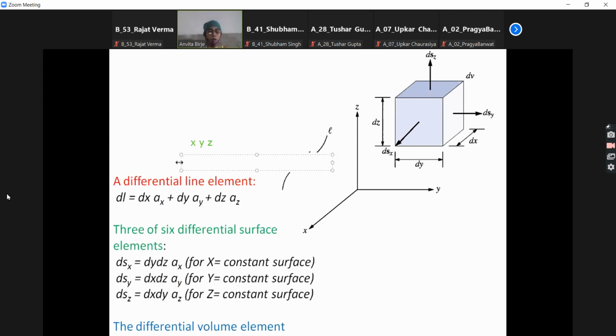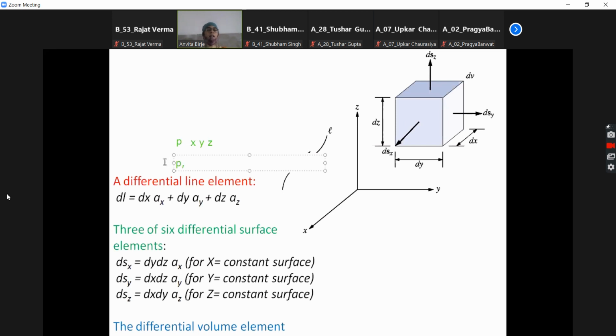So I am going to increase x by dx, y by dy, and z by dz. Okay, so this is one point P. Then this will be another point, na? That is, suppose, P dash.